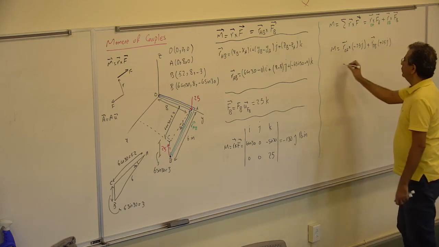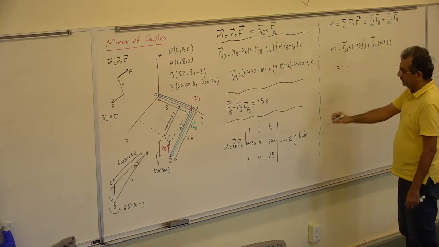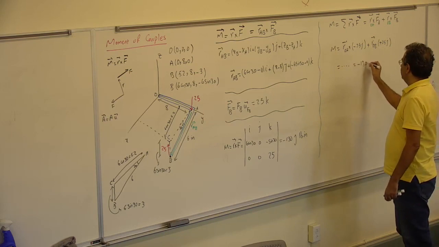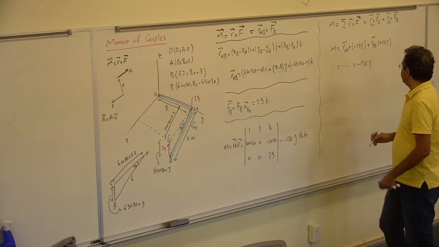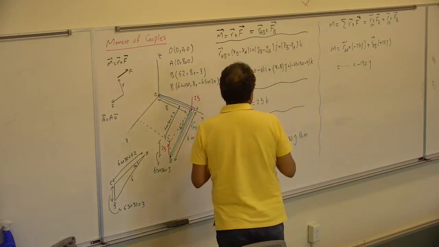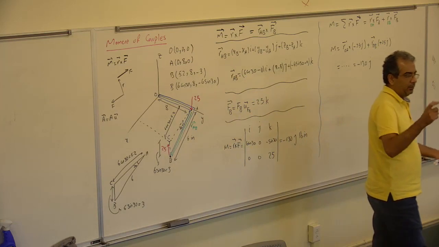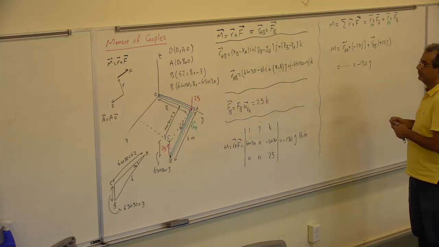If you find the R OA and R OB and do the calculation, eventually you get the 130j. So this is another way of doing that: calculate the moment for each of the forces.